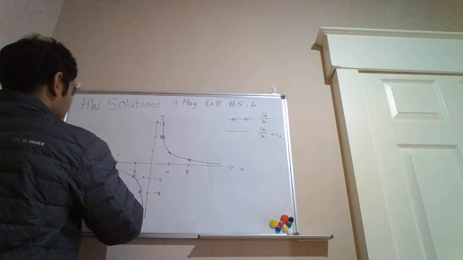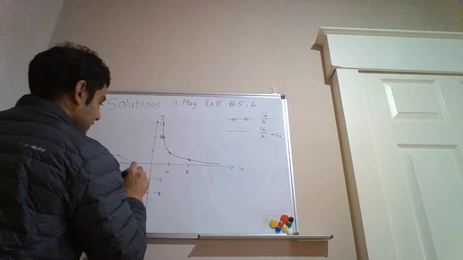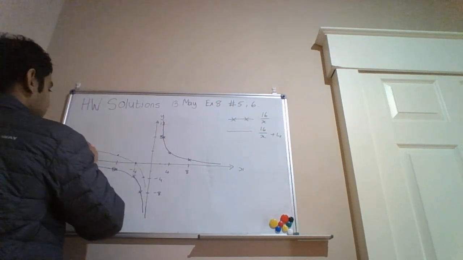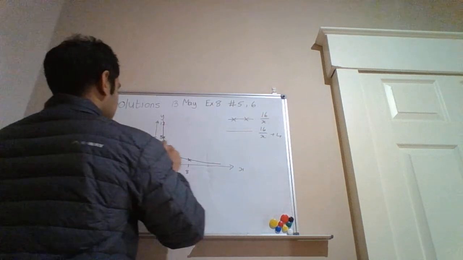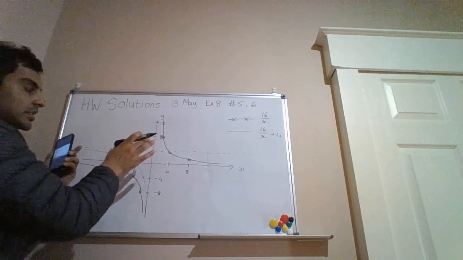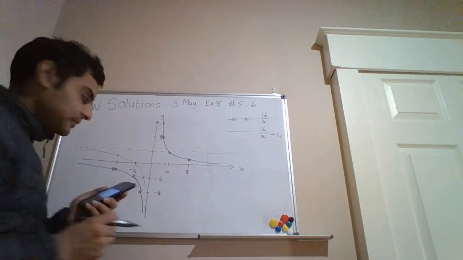Okay, so this graph looks something like this. Notice that our horizontal asymptote has also been moved up by 4.